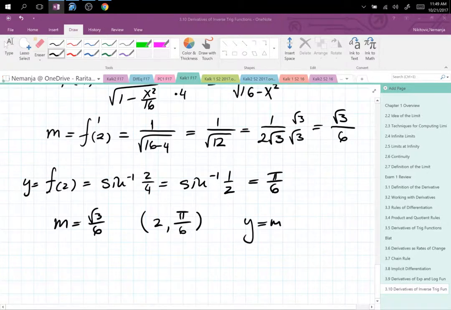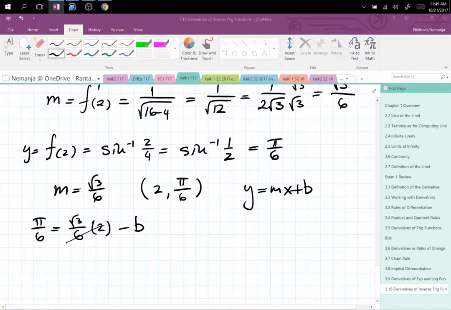Y equals mx plus b. Y is pi over 6. M is root 3 over 6. X is 2, minus b. These guys cancel. We get the 3 there. So b is equal to root 3 over 3 minus pi over 6. That's exact.